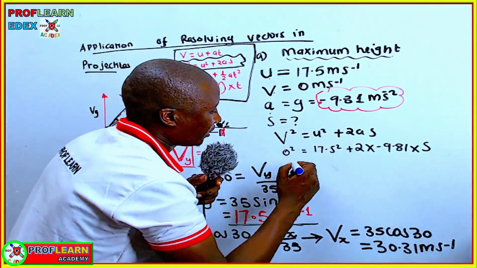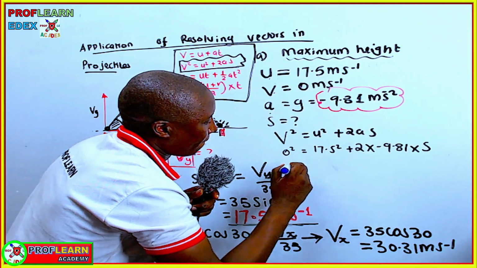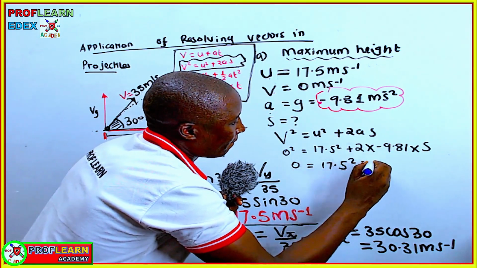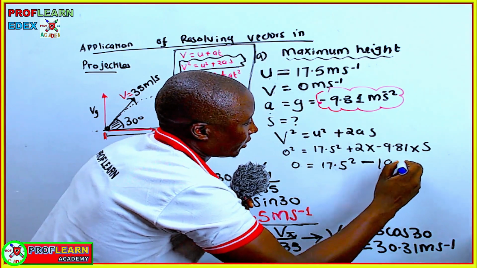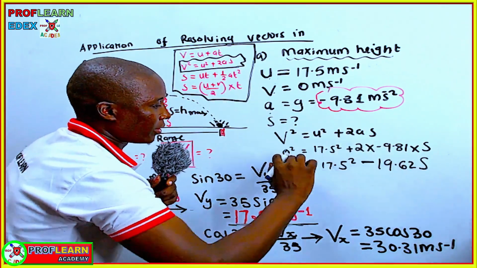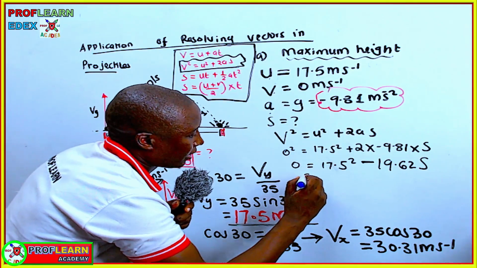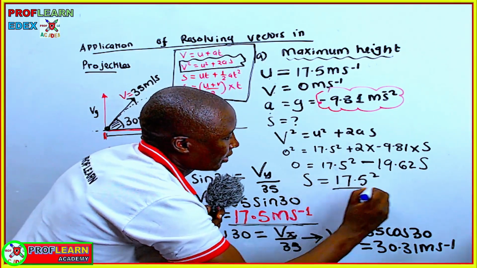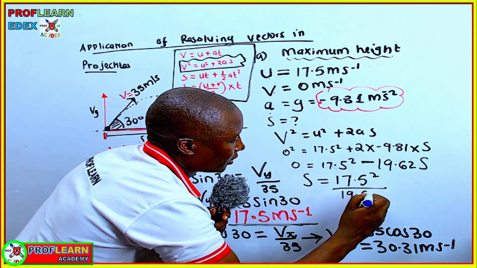So if I rearrange this, I'm going to have 0 equals 17.5 squared minus 19.62 S. So I can take this on the other side, and then I will have S equals 17.5 squared over 19.62.